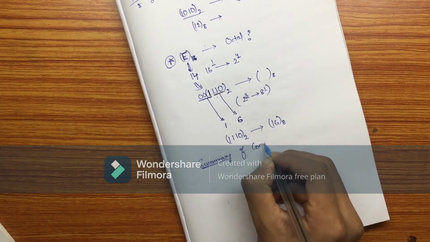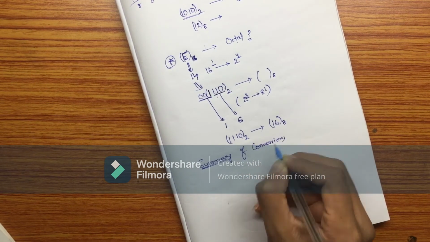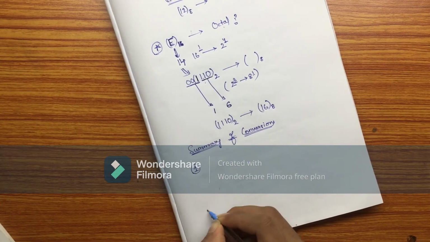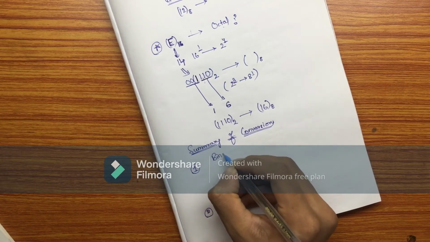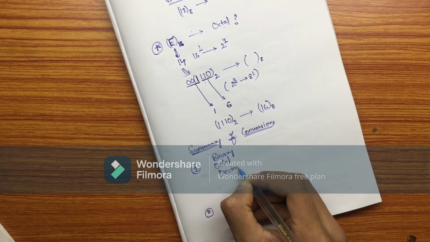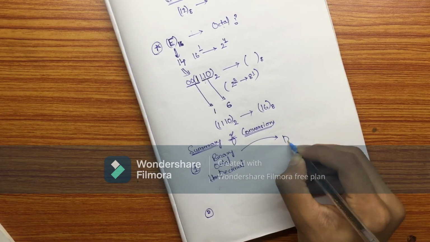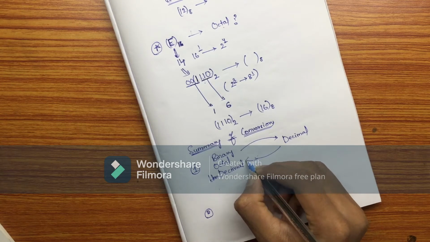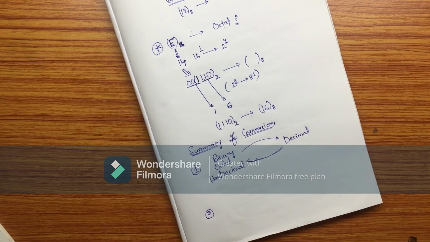Summary of conversions. We have divided into 2 parts: binary, octal, hexadecimal to decimal, and then the reverse process, that also we have seen.